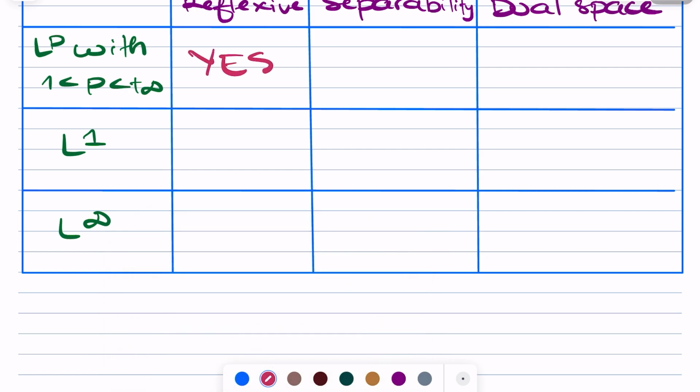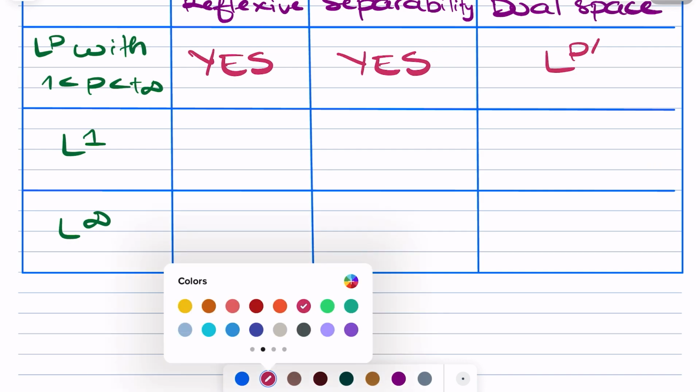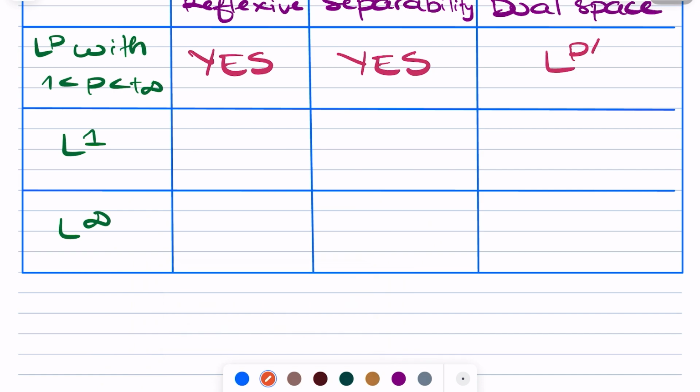LP for P between 1 and plus infinity is reflexive, so this is yes, and the dual space is LP prime, where P prime is the conjugate exponent. For the second one, L1 is not reflexive, of course it is separable, and the dual space is L infinity.